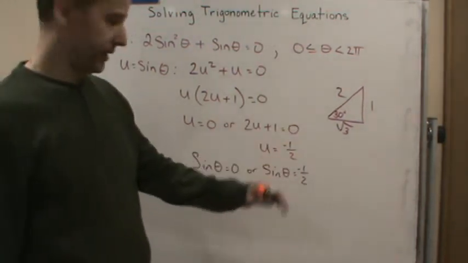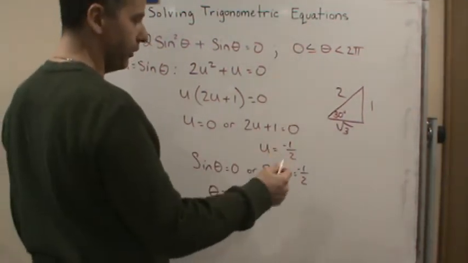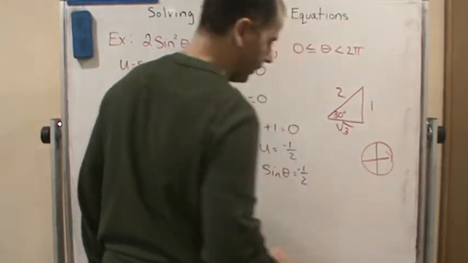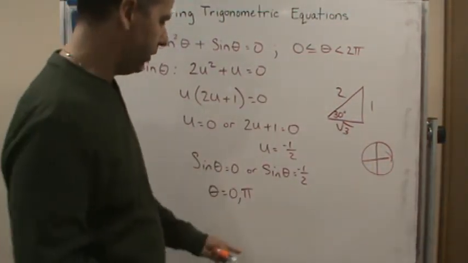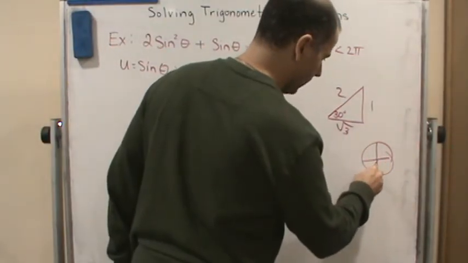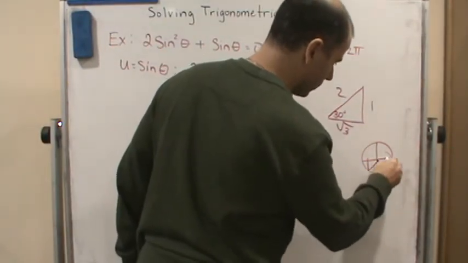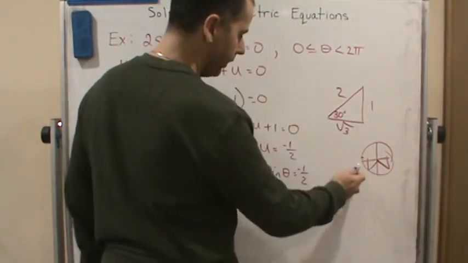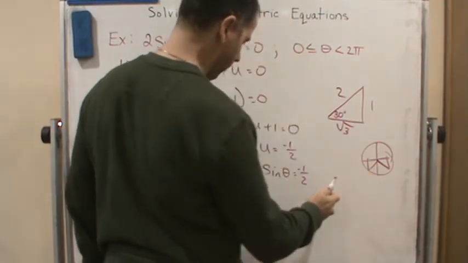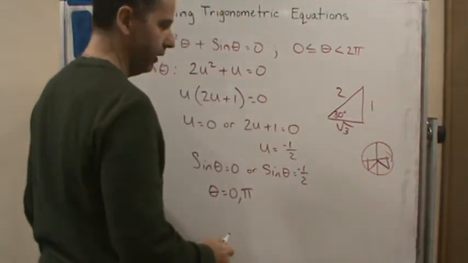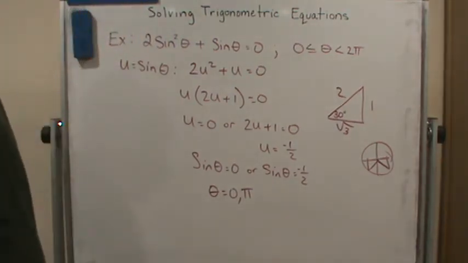So pi over 6. So that means, okay, now if I'm looking at the circle, I'm in the third or fourth quadrant. So my triangle is doing that or it's doing that. So here it's going to be 1/6 pi more than pi, which is pi is 6 pi over 6, right?